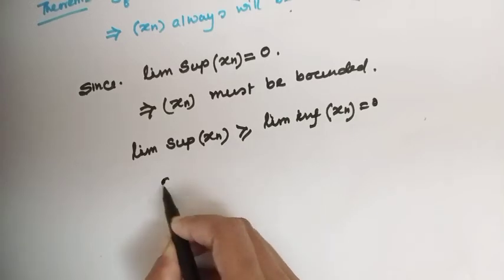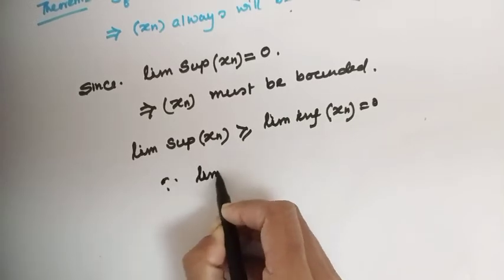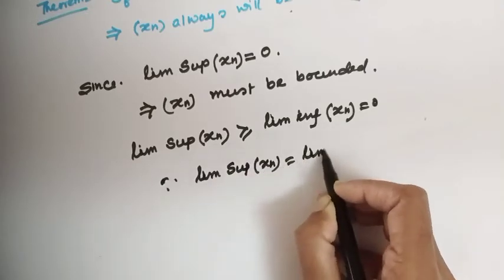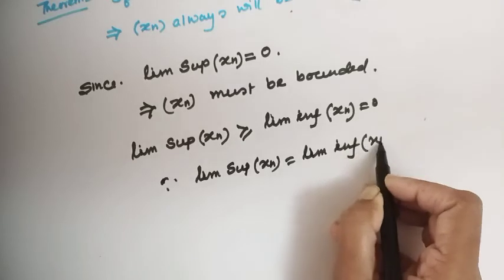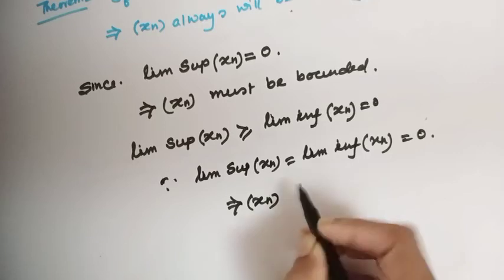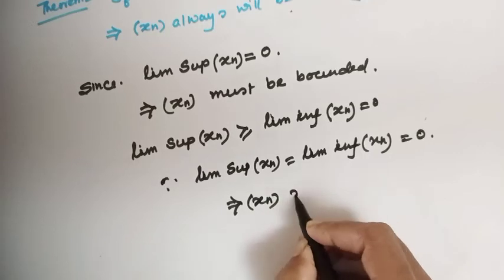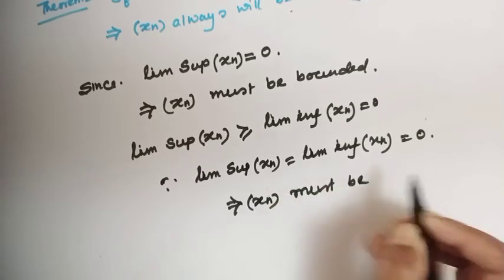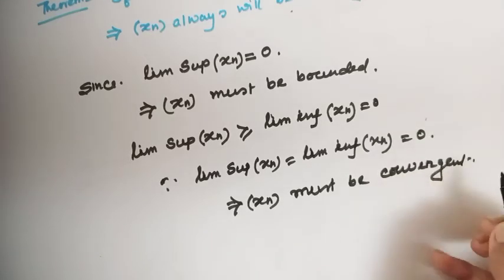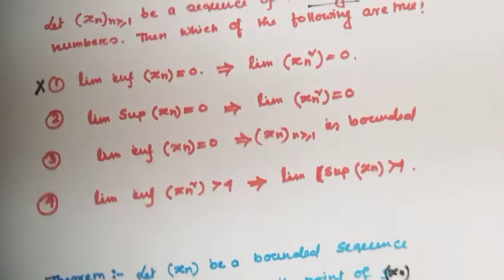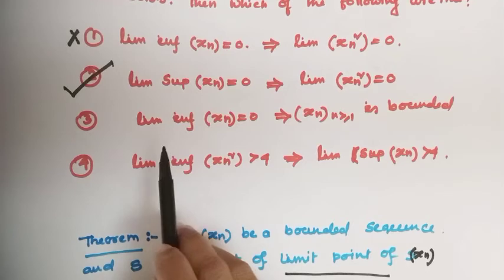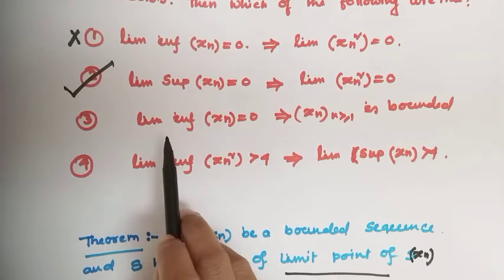Since lim sup xn equals lim inf xn, which is equal to 0, the sequence by theorem 2 must be convergent. Alright. So, option 2 is the right option.